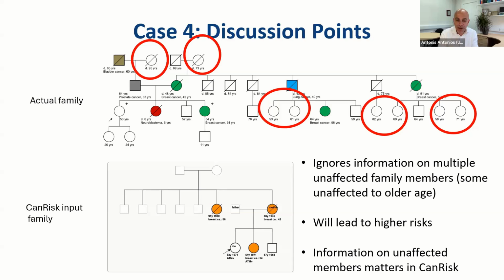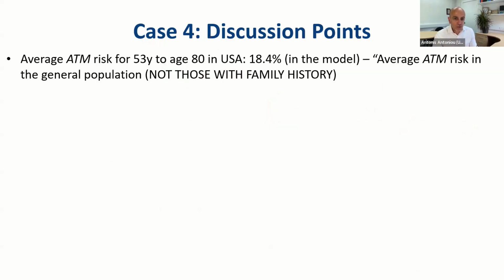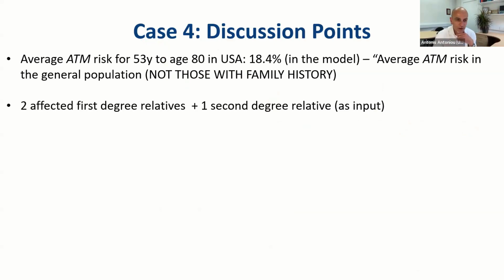So keep in mind that information on unaffected family members also matters, as we said earlier. Assuming that this is what we have, the average risk for a 53-year-old in the US with an ATM variant would be around 18.4%, which is lower than the 43% risk that you get. But that's assuming that you don't have information on family history. Of course, we know, as I mentioned earlier, that ATM cannot explain strong familial aggregation of breast cancer.